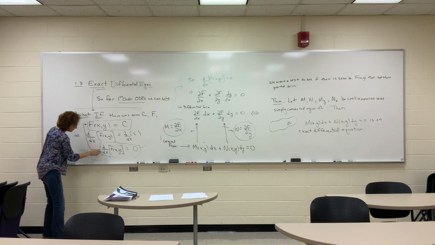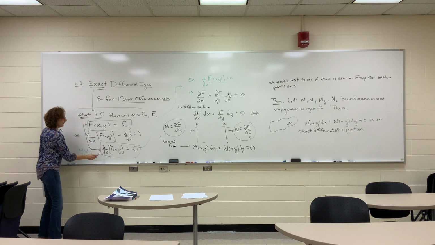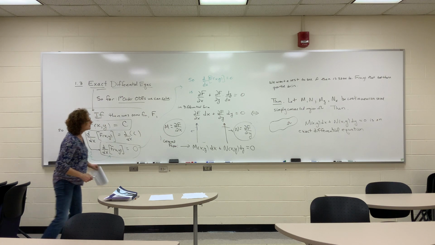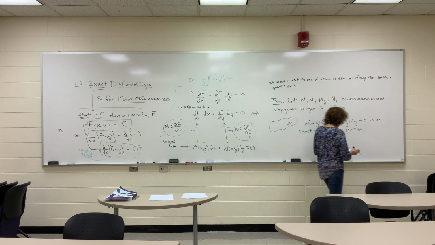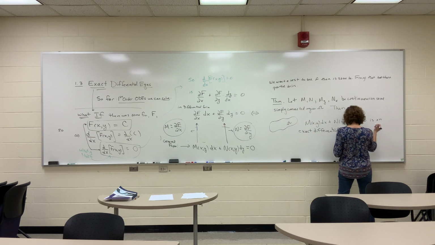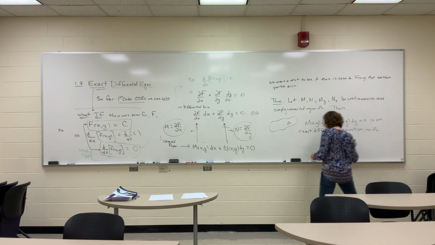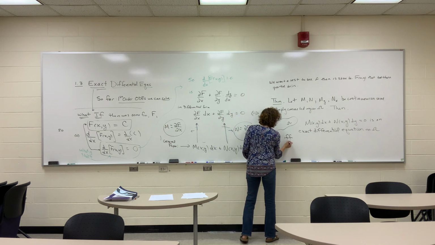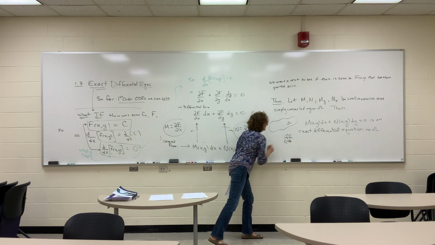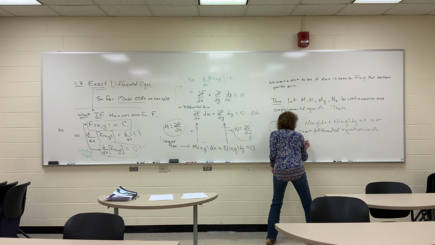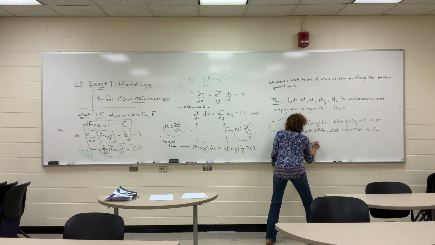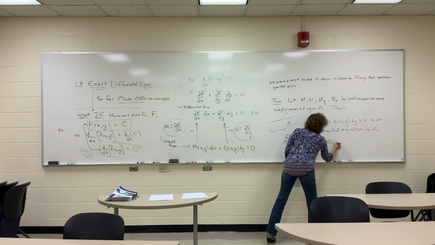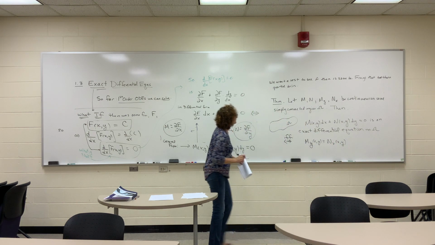This is a total derivative of some function equal to 0. Therefore, that function equal to a constant is the solution. So it's exact when we write it in this form, on that region, if and only if. This is a big word in math. If and only if m sub y of x and y is equal to n sub x of x and y.